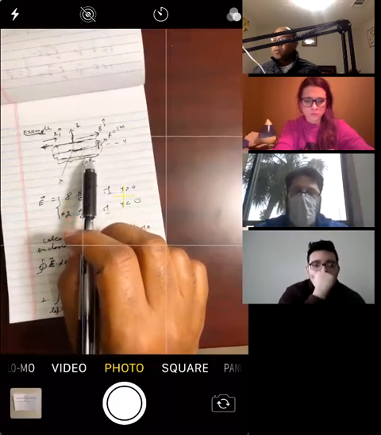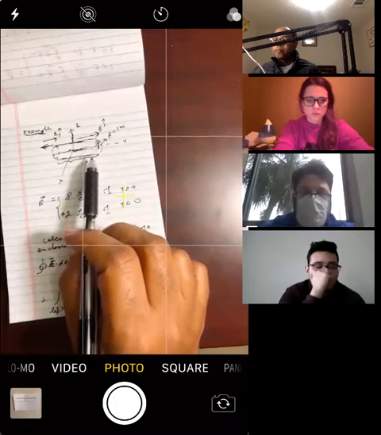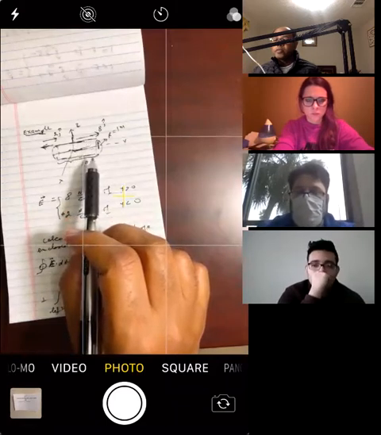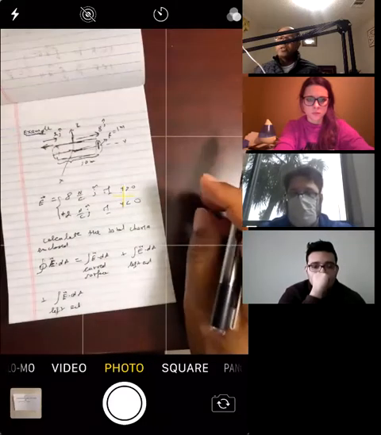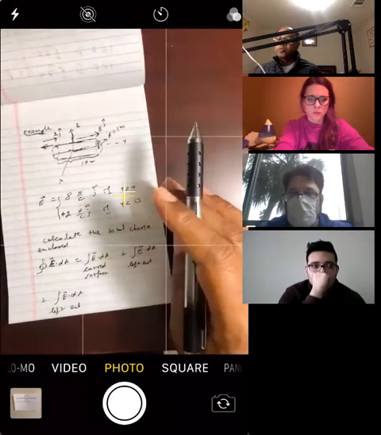So what do you think the flux would be if the field is parallel to the surface? 0. The field is parallel, the area is perpendicular to the field, so it's going to be 0, okay?